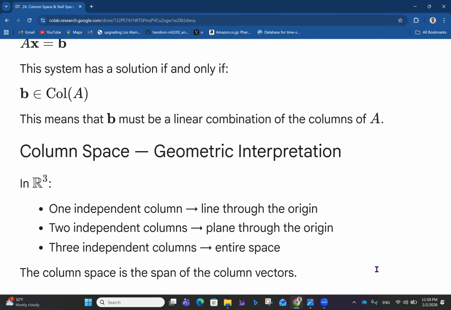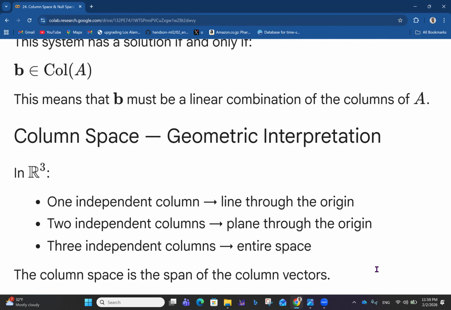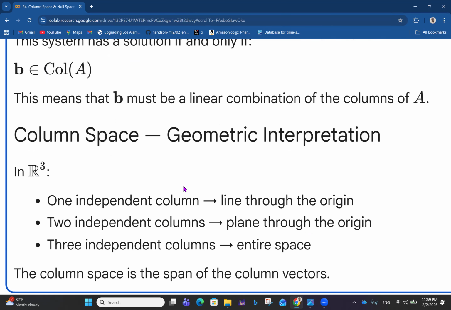Then we talk about column space in terms of the geometric interpretation. In the three-dimensional system, one independent column is a line through the origin. Two independent columns represent a plane through the origin, while three independent columns fill the entire space.